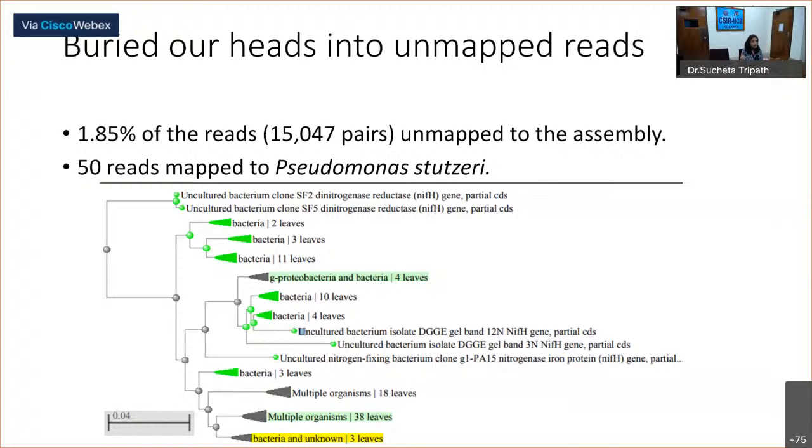Then we aligned all of the reads that were not mapped to the existing assembly, and we found that there are about 50 sequences which belong to a bacteria, Pseudomonas. And Pseudomonas is known to be a nitrogen fixer. From there, we took our journey to understand whether Pseudomonas is actually residing inside Rhodotorula.